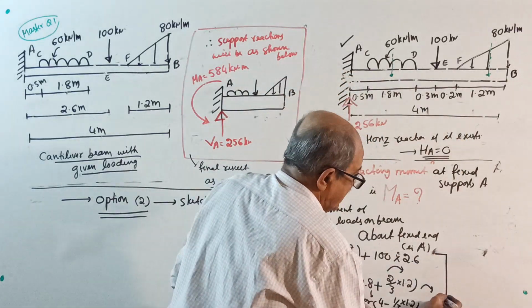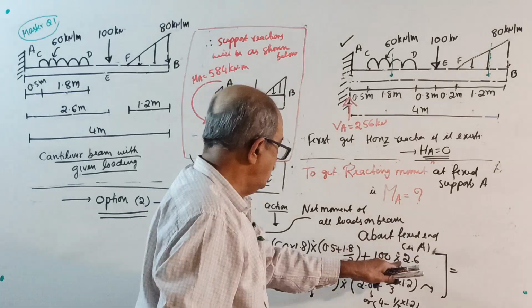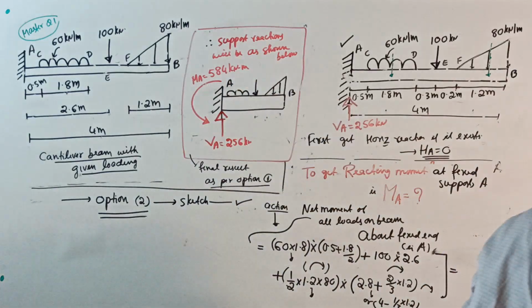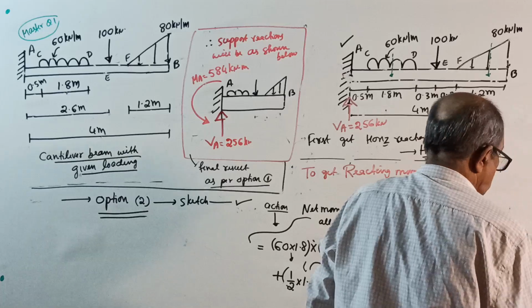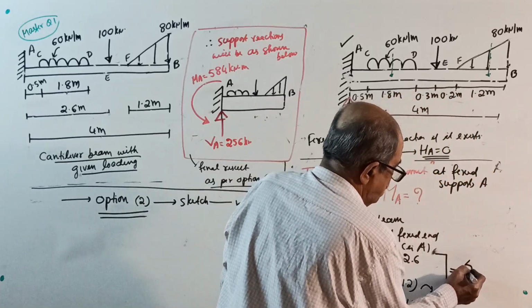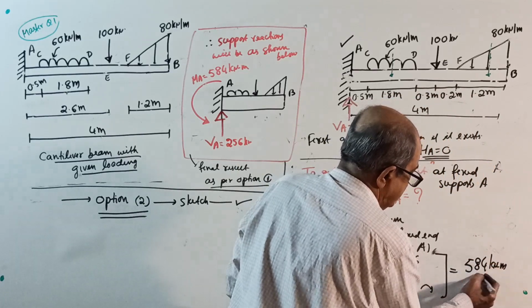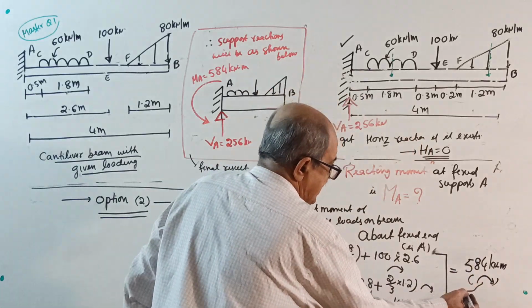So all together, calculate. All clockwise. No plus minus. 584 kilonewton meter clockwise.